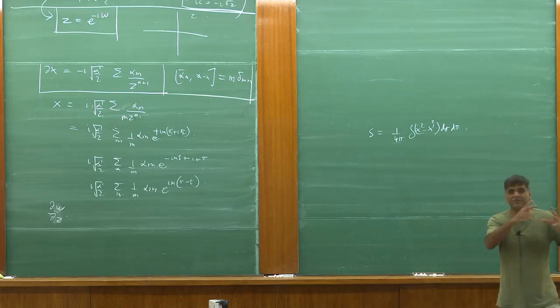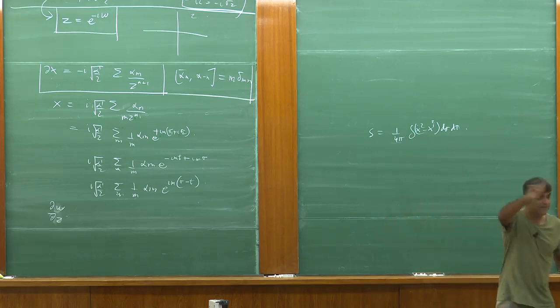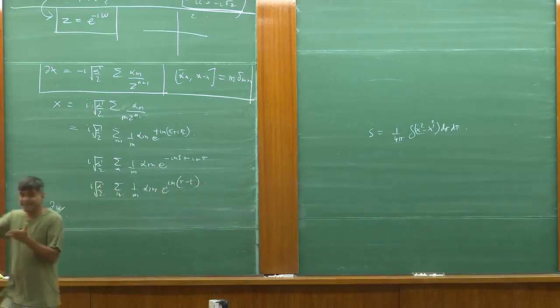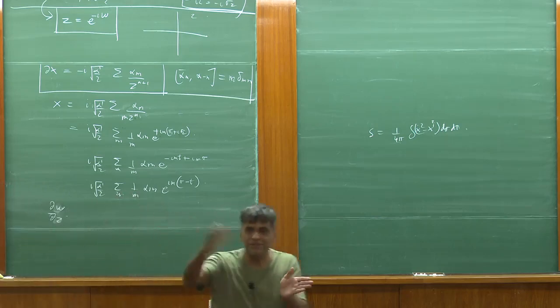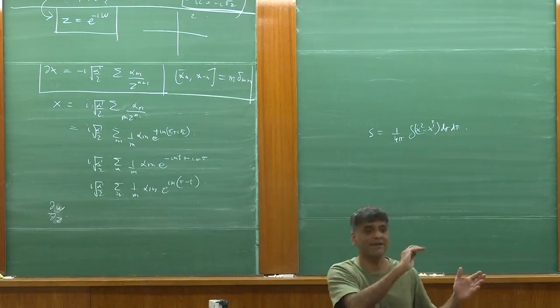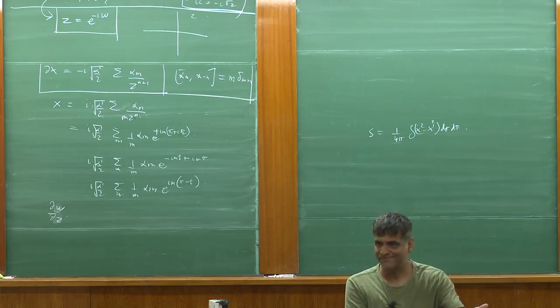You remember, x was a function of left movers plus a function of right movers. When we took the derivative with respect to z, that projected out one of them. There's a similar expansion for the other, and I'm not writing it down because it behaves exactly the same way.